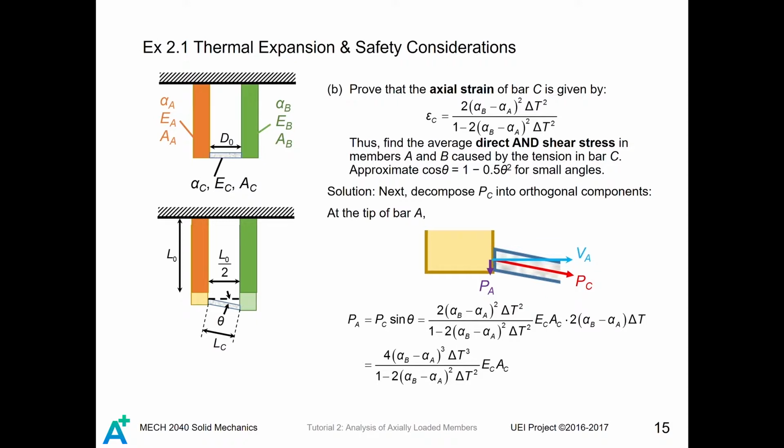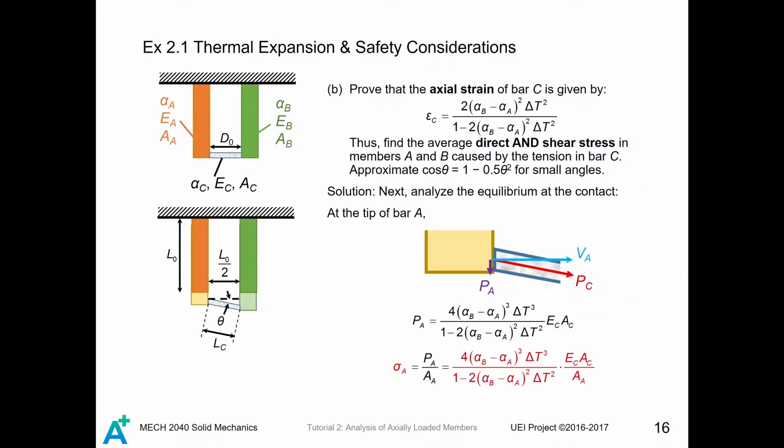Then we can find the direct force and the shear force. Sine theta is what we did in part 1, it is 2 times (alpha b minus alpha a) times delta t. Then you put this into the numerator to get the axial force, or the direct force.